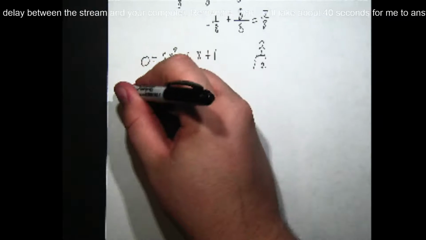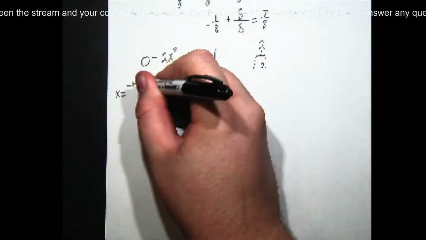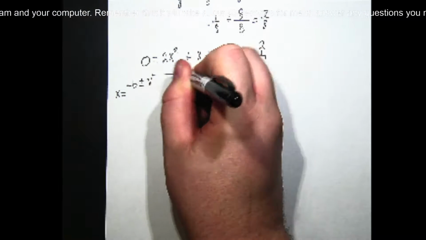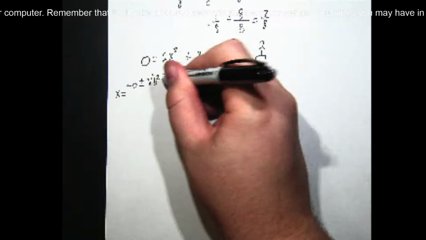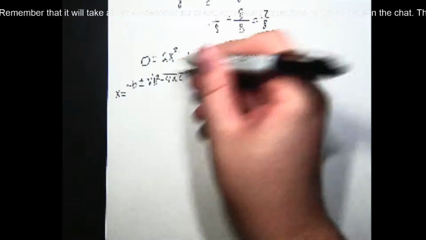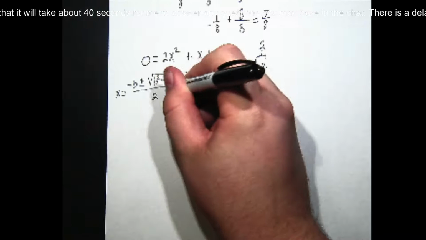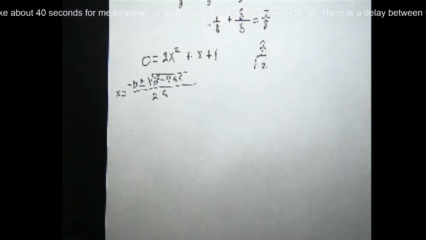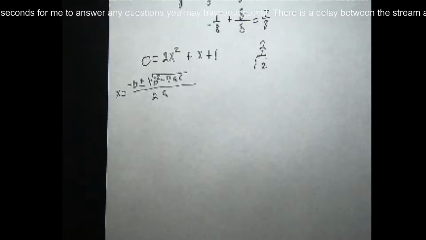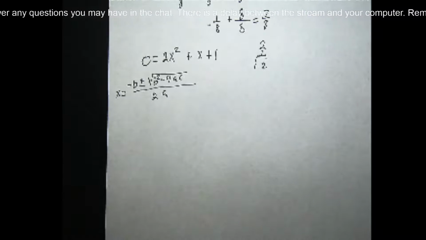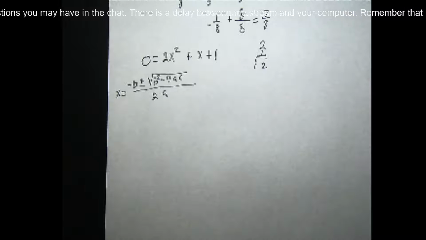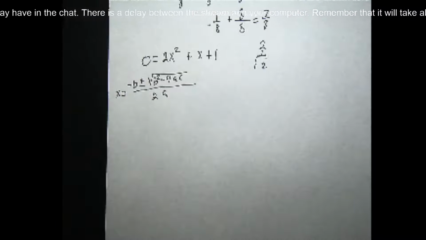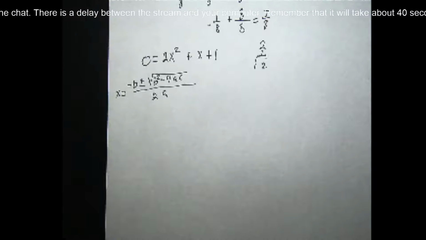Again, that's x equals negative b plus or minus the square root of b squared minus 4 times a times c all over 2 times a. So we've seen this guy before. It's what we use when we can't factor a quadratic and we want to find x.